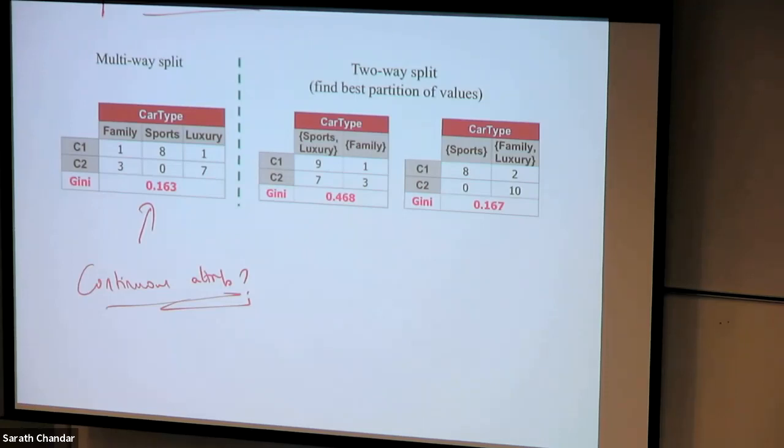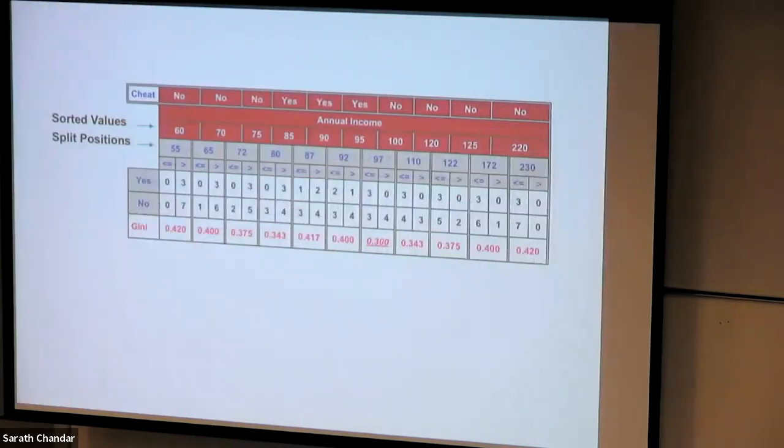However, there is an efficient way to do this, which requires just one scan over the data set, explained here. Let's say we want to split on annual income. Here is a simple algorithm. You take all your examples and first sort them based on annual income.